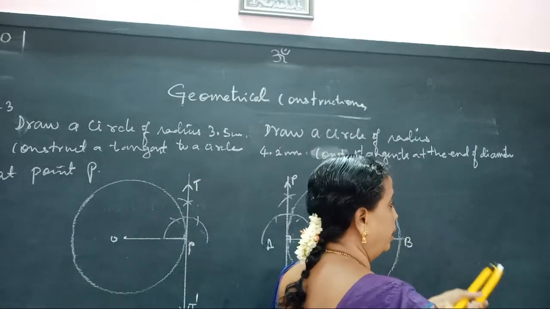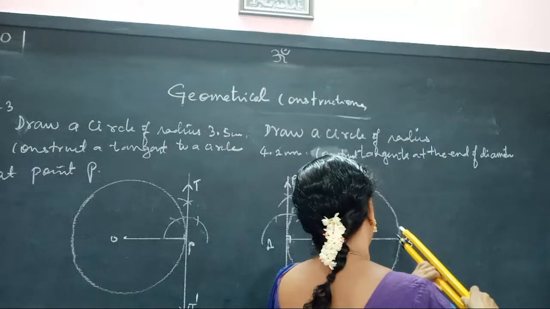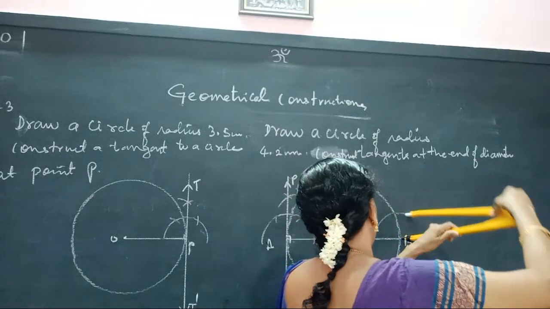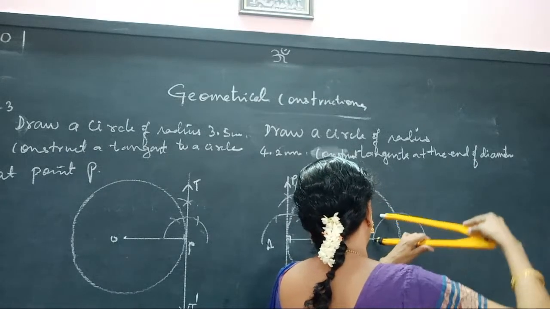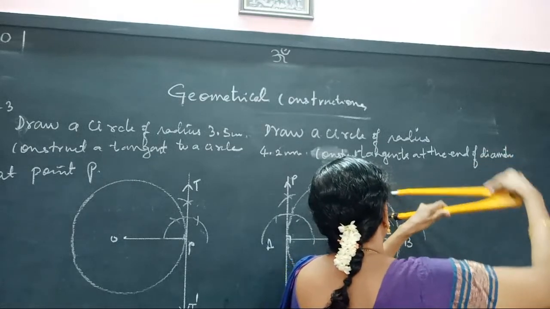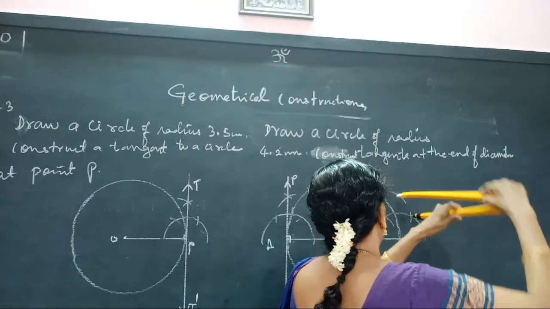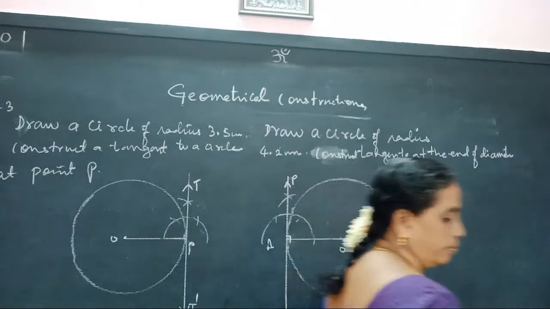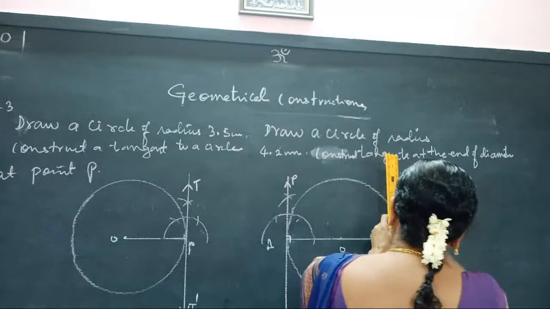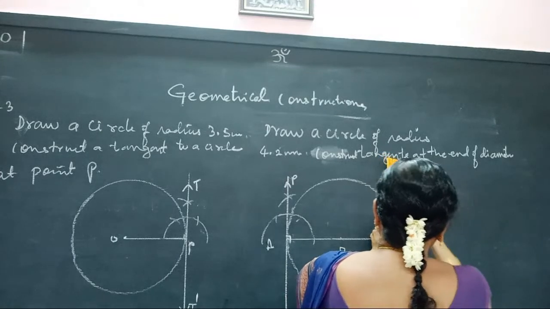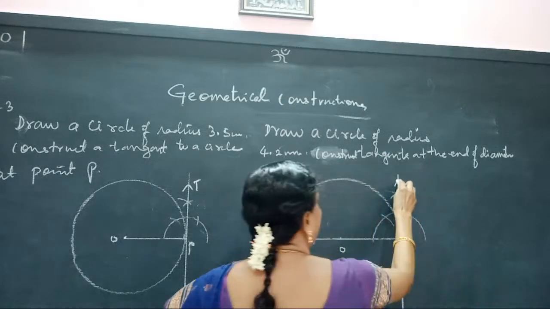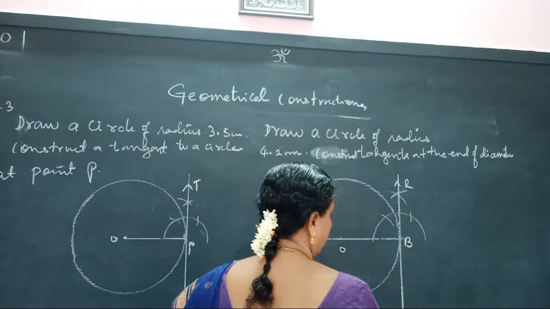Taking a convenient radius, construct a perpendicular line perpendicular to the radius from the center. Name it RS.